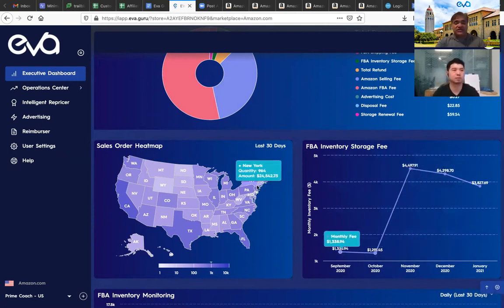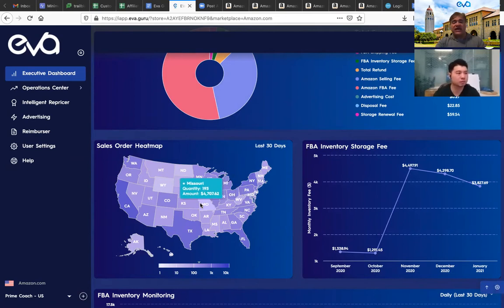One of the interesting things that we have is that sales order heat map, where the advanced sellers can use it for some shipment decisions, whether they want to do seller fulfilled prime or FBM or FBA. And the private labels can use it for advertising decisions beyond Amazon.